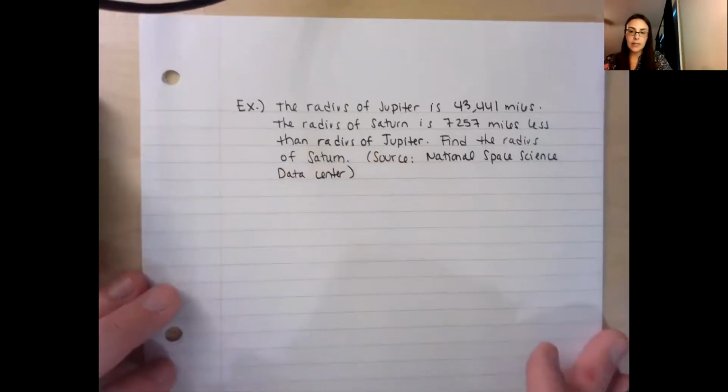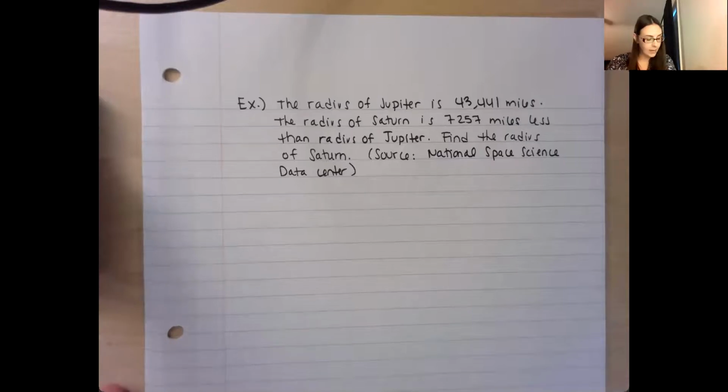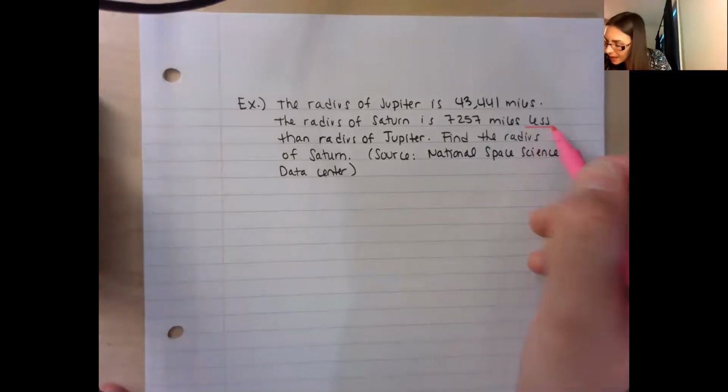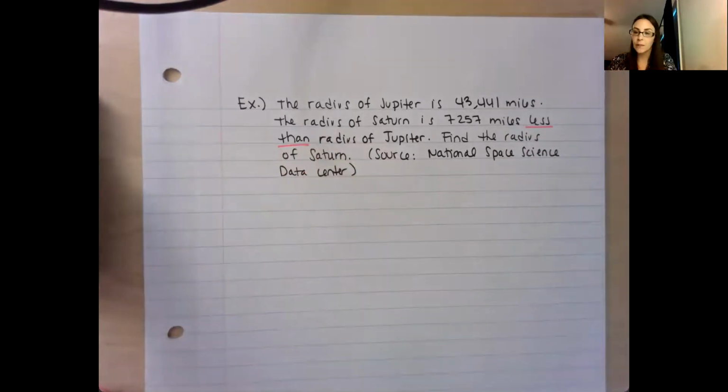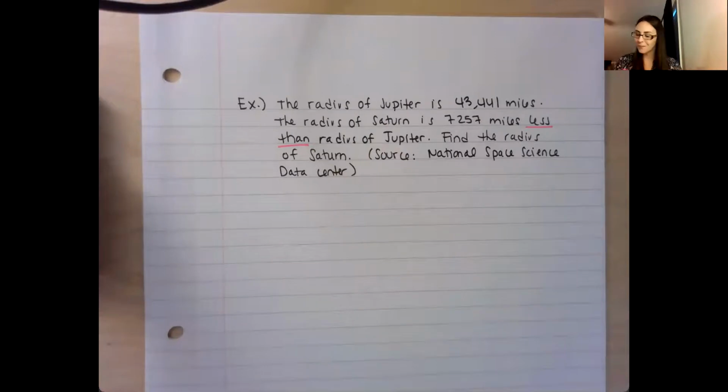So when you have a word problem, these can be tricky for students. You really want to read through carefully and see if you have any keywords, or sometimes there are not keywords, but there's an overall idea. If I read through this problem, it says the radius of Jupiter is 43,441 miles. The radius of Saturn is 7,257 miles less than the radius of Jupiter. Remember, less means subtraction, and with that word than we have to be careful because the order is going to change. So it's not going to be Saturn minus Jupiter, it'll be Jupiter minus Saturn.